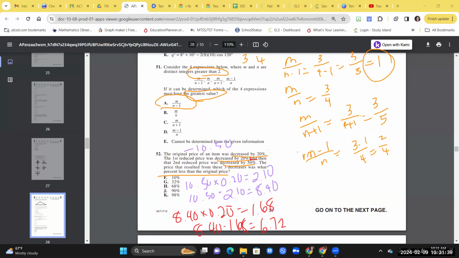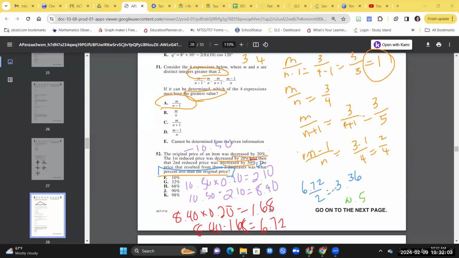All right, then they said it was decreased by 50%. For that it is 336. All right. What was the percent less? Less means subtract, so let's subtract.